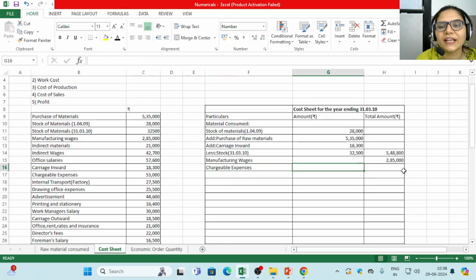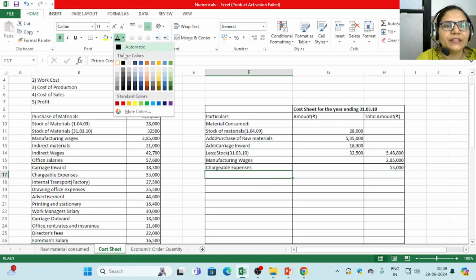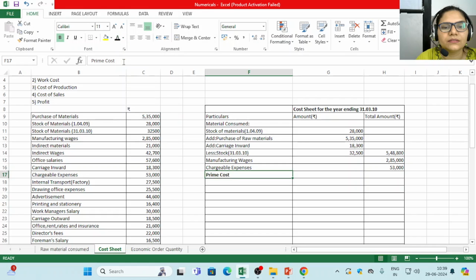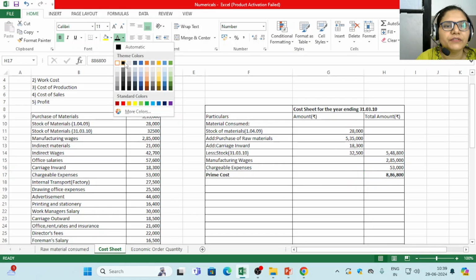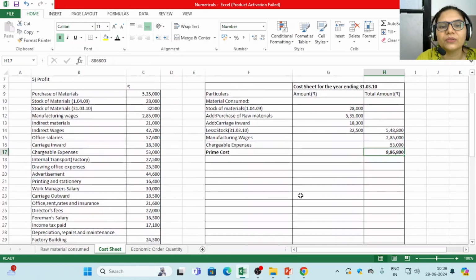Chargeable expenses, as we discussed in the previous session, are your direct expenses, which is rupees 53,000. After adding all these, direct material, direct wages and direct expenses, we arrive at a value of prime cost, which is 8,86,800.